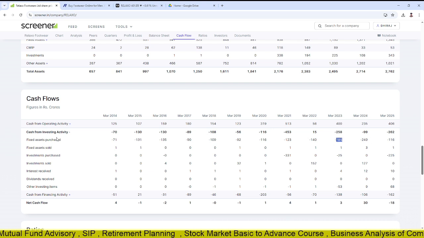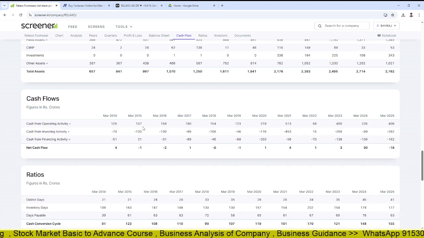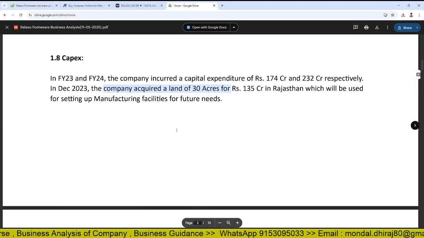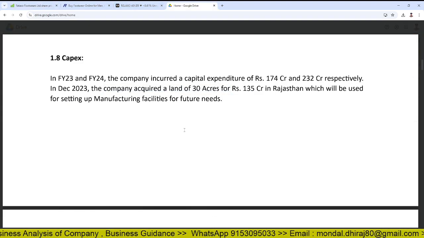So these are the cash flow statement and investing activity we have seen, and always for investment purposes this particular item comes negative. After this investment the operating cash flow is drastically increased, you can see here. So for capex purposes the company invested some money.